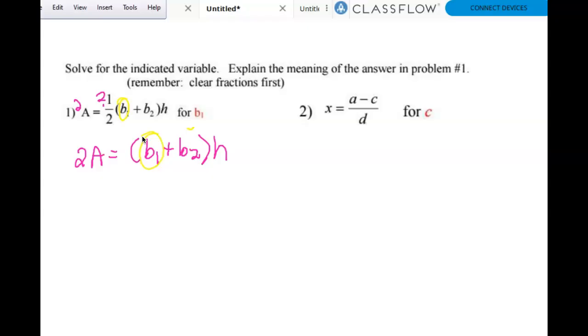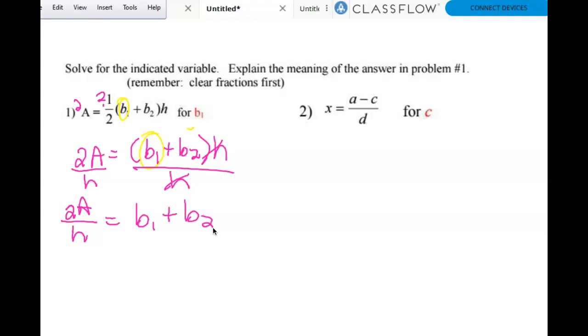So what do you think the next thing I need to get rid of is? The h. I'm multiplying. How do I undo multiplication? So I'm going to divide both sides by h. So now that's gone. And so now I have 2a over h equals b1 plus b2.